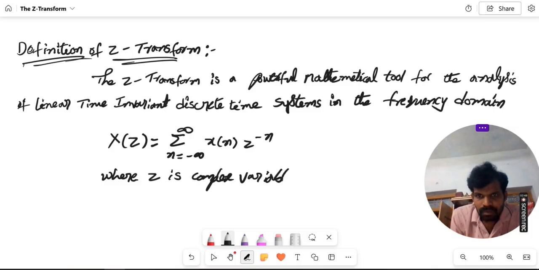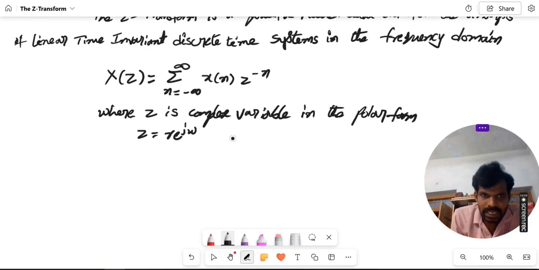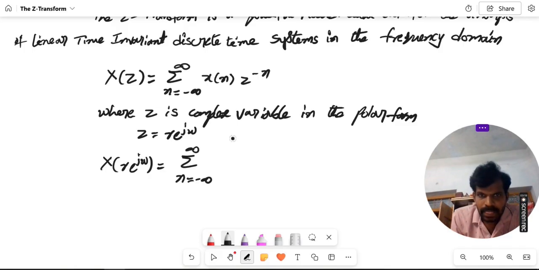In the polar form, z is equal to r into e power j omega. Let us substitute this in place of z. So the summation from n equals minus infinity to infinity of x of n into (r e power j omega) power minus n.